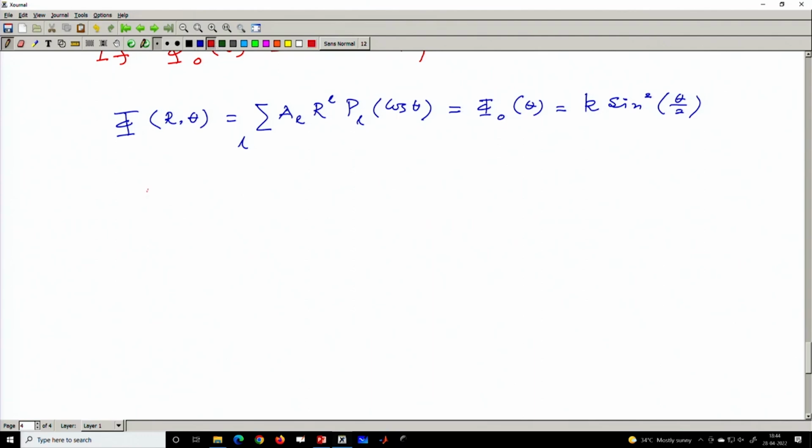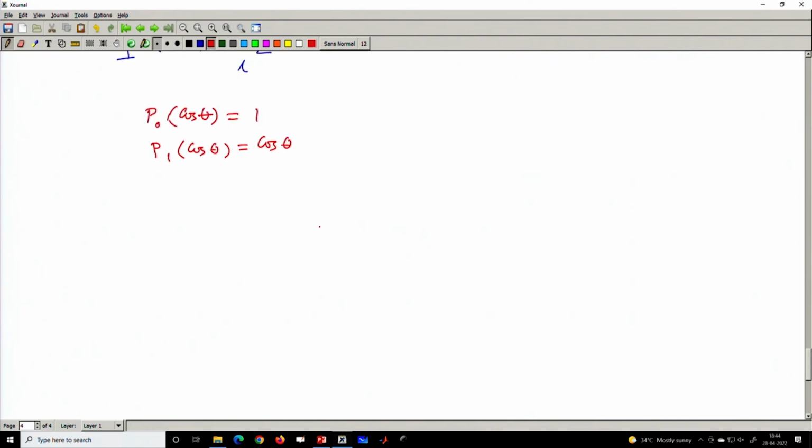We know that P 0 of cos theta is equal to 1, P 1 of cos theta is equal to cos theta, and so on. So, let us expand up to these two terms, because after that we have cos squared theta and so on. So, let us expand up to this.